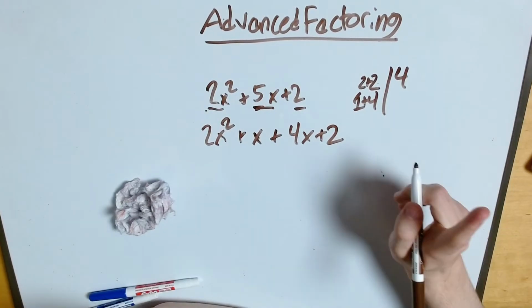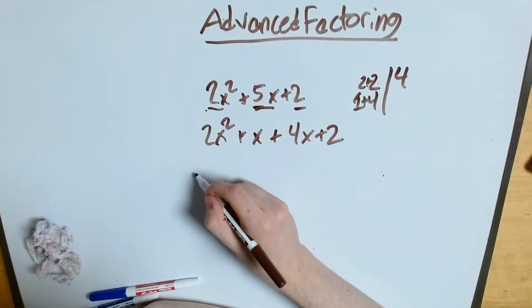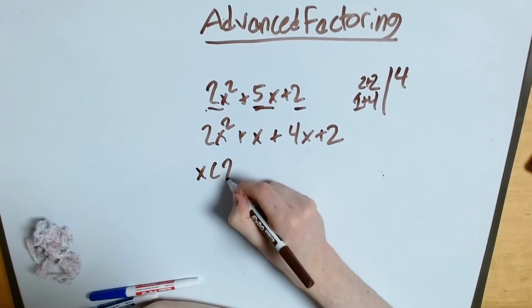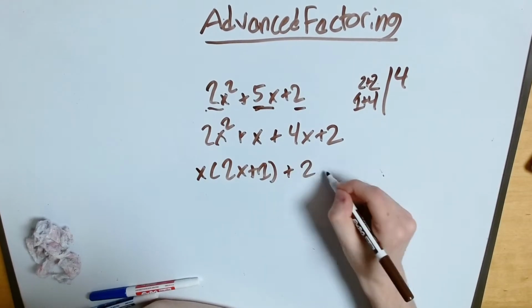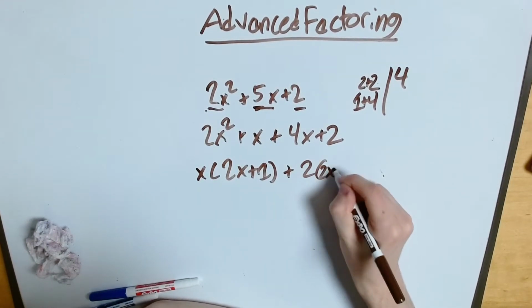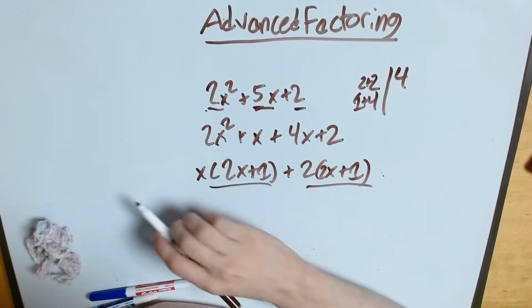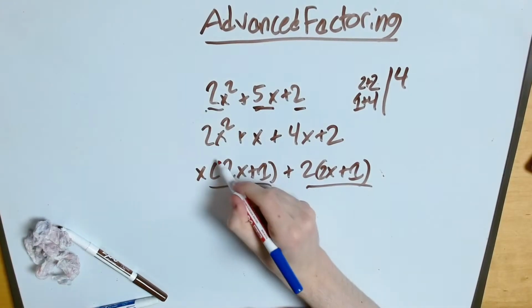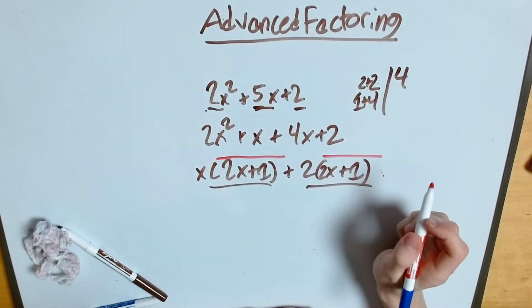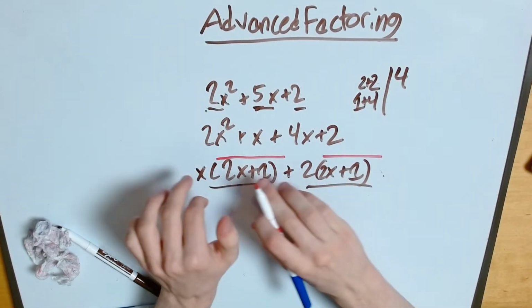And I noticed something interesting. If I were to factor out, let's say, an x from here and a 2 from here, I'm going to be left with two things in parentheses that are the same. This is the same as this. So I'm going to go ahead and factor this out of the entire equation.